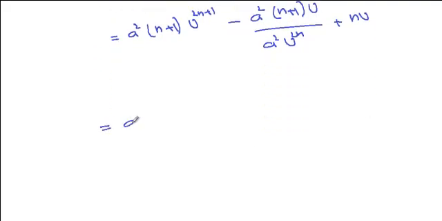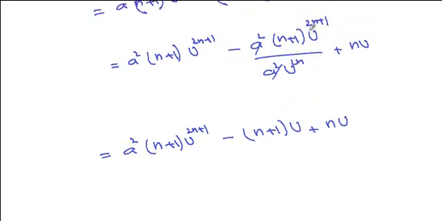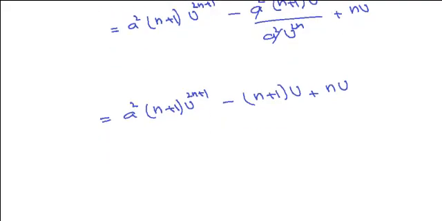From here we can write this as A²(n+1) u^(2n+1) − (n+1) u + n u, as this A² is cancelled with this one, and this u^(−2n), 2n minus 2n is cancelled, and we are left with power 1.